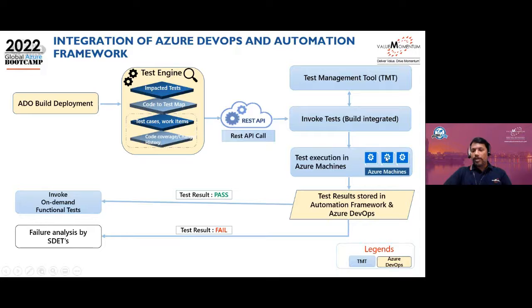As I said, Azure machines will be allocated based on the number of incoming work items. Based on that, it will be allocated and executed. After the execution completes, the test results will be stored in Azure DevOps as well as the automation framework that anybody will have.